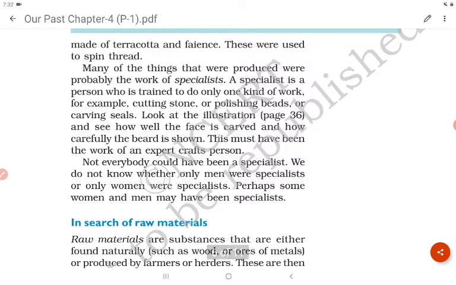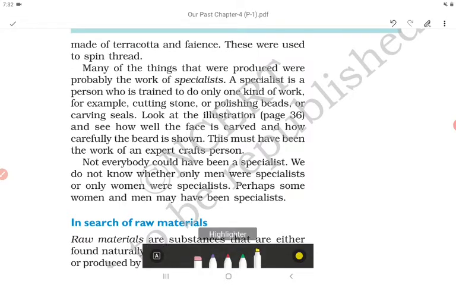Many of the things that were produced were probably the work of specialists. A specialist is a person who is trained to do only one kind of work, for example, cutting stone or polishing beads or carving seals.